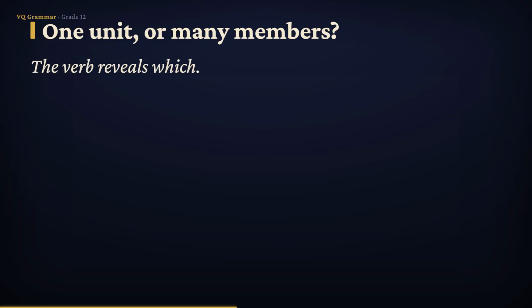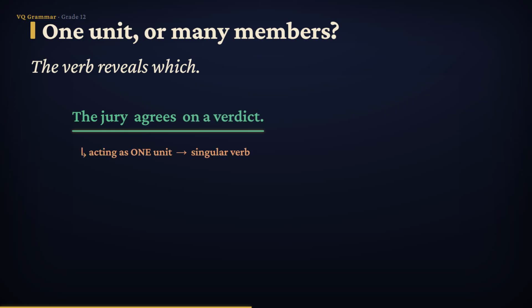Here's the heart of the lesson. A collective noun can be singular or plural, and the verb is what reveals which. Watch the same word twice. The jury agrees on a verdict. Here, the whole group moves as one unit, one mind, so the verb is singular, agrees. But listen to this.